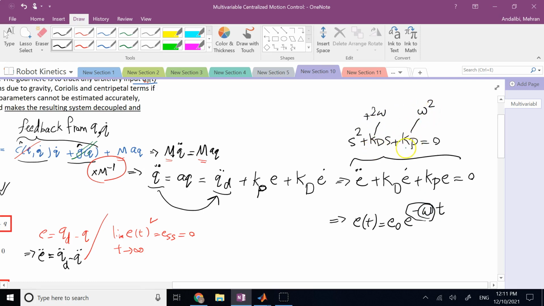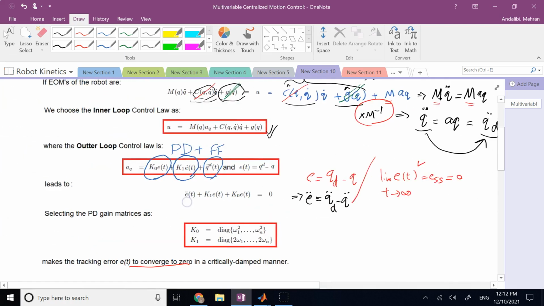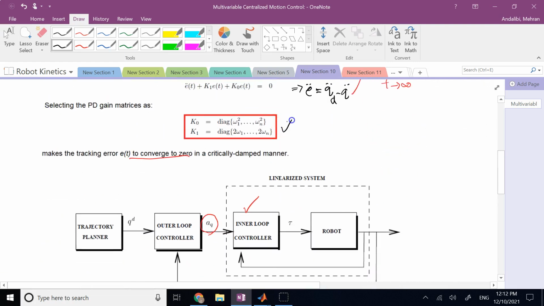If the system is multi-degree of freedom, like almost all of the robots, then your KD and KP is still going to look like 2 omega and omega squared, but this time diagonal matrices. And that's exactly what you see here. So if you choose your proportional gain and your derivative gain to be like this, where omega determines the speed of convergence to zero, the faster the omega, the bigger the omega, the faster the error converges to zero, your system is faster.